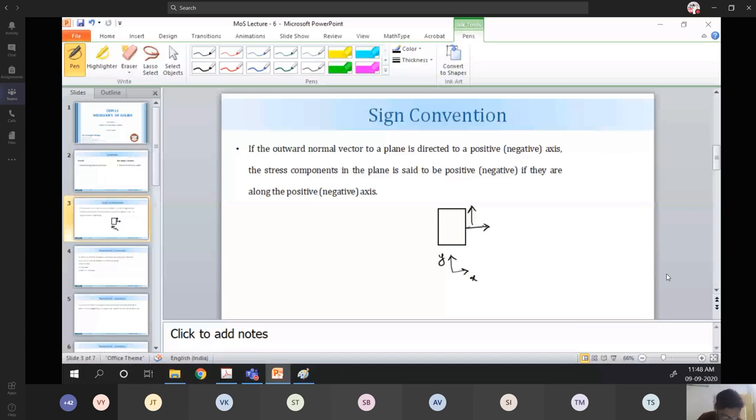This is my centroid, the center point. So this will be considered positive, and this will also be positive. So what can you say about this line? Will it be positive or negative? Positive. Why is it positive?